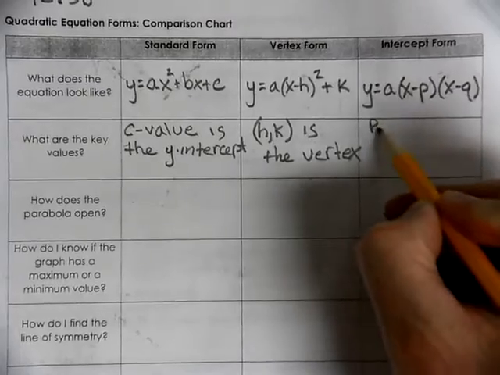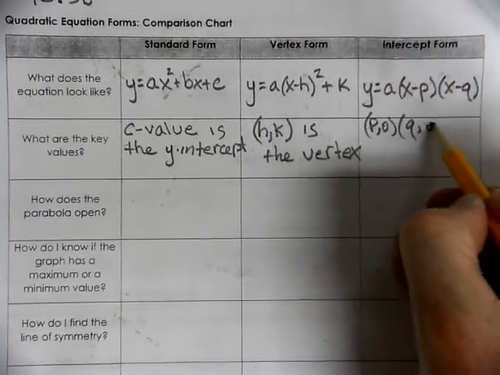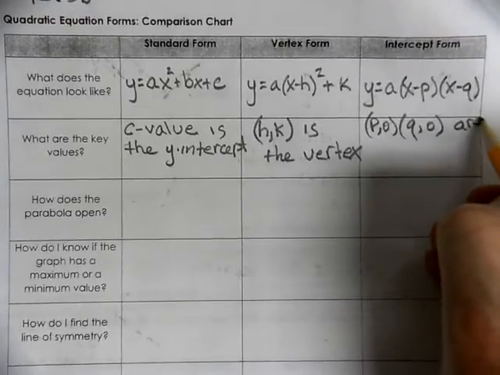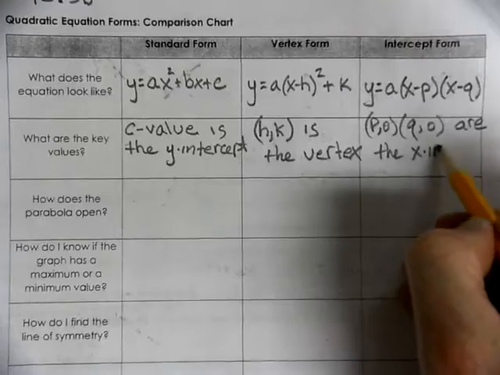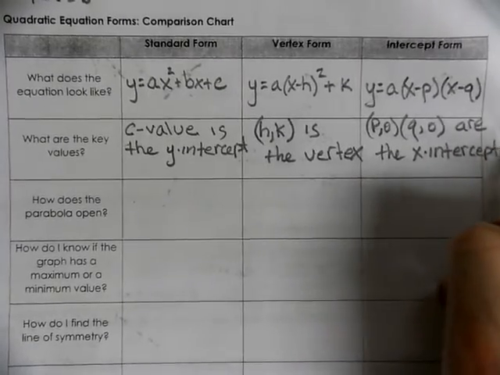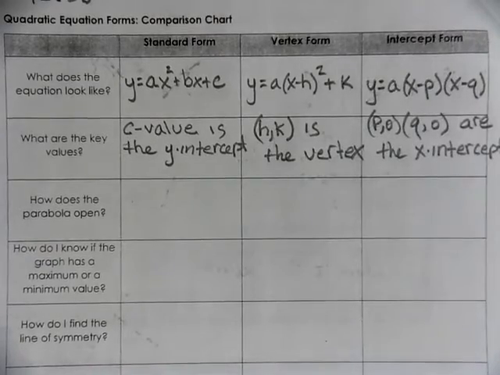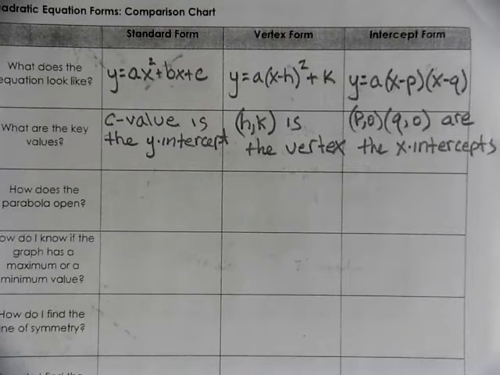And we know that (p, 0) and (q, 0) are x-intercepts. So those are the key parts to those different types of equations.